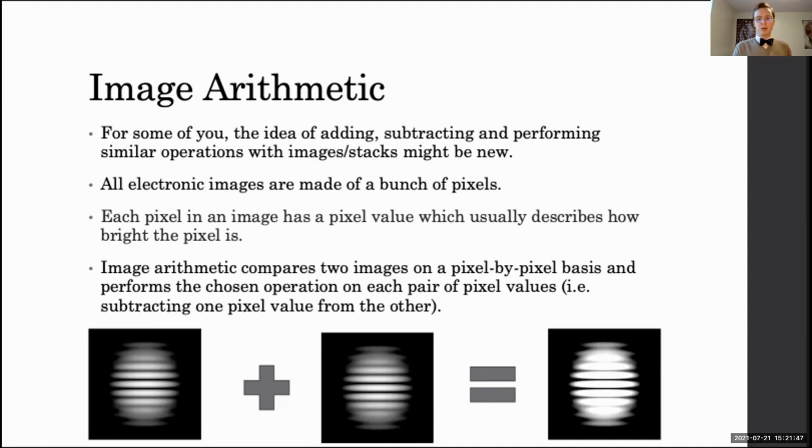The way it works is that when we have an electronic image, that image is made up of many different pixels, with each of these pixels having a pixel value that describes how bright that pixel is, just as Miki said earlier. So what image arithmetic does is it compares 2 or more images on a pixel by pixel basis and performs the chosen operation on each pair of pixel values. So as an example, you can see down here that we have two identical images and we add them together to create a third image that is twice as bright as the original two.